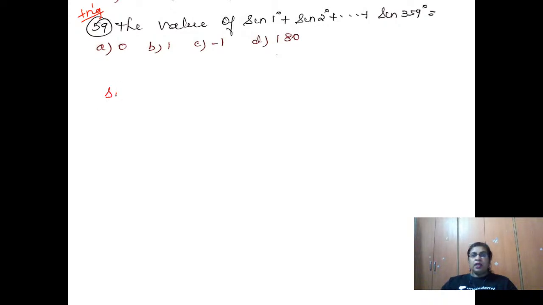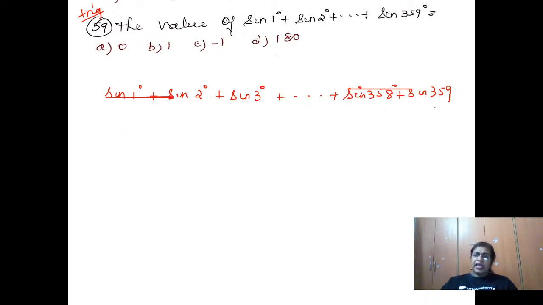So here we have sine 1 degree plus sine 2 degree plus sine 3 degree plus dot dot, and before sine 359 let me write one more, sine 358 degree, and the last one is sine 359. Now, can I write 359 as 360 minus 1? That is the fourth quadrant, where sine is negative. So this will become minus sine 1.